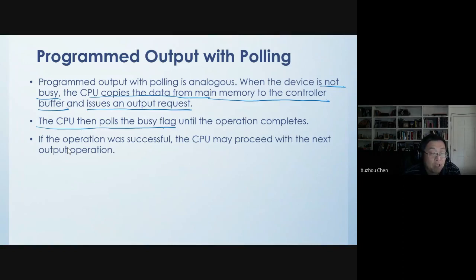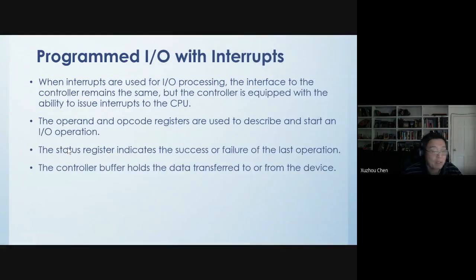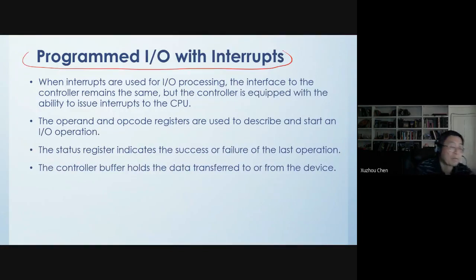That's a waste of CPU time. So that's why people came up with another approach called programmed I/O with interrupt. In this case, the I/O device is still the same in terms of configuration or structure. However, the I/O device is going to have the capability of sending an interrupt.